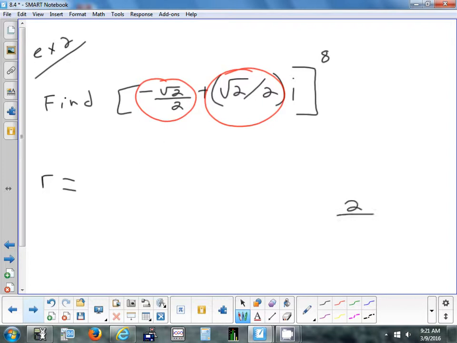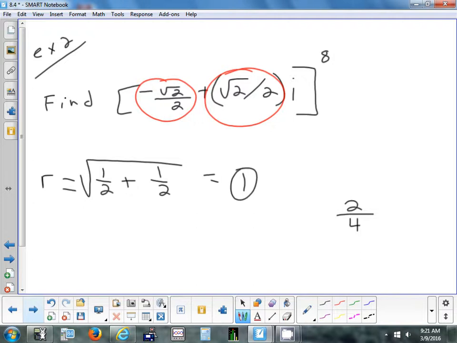What do you get when you square the bottom? 1/2. So we get 1/2. And the negative, when you square it, goes away. So we get 1/2 plus, what's root 2 over 2 squared? 1/2 again. And now take the square root of 1/2 plus 1/2. 1. Okay, so my radius is 1.